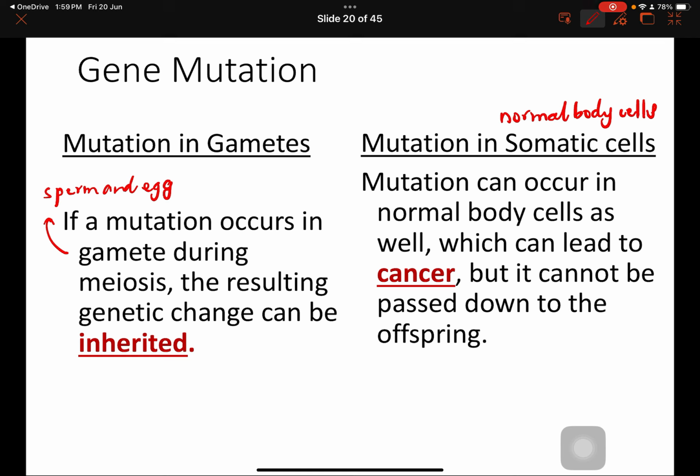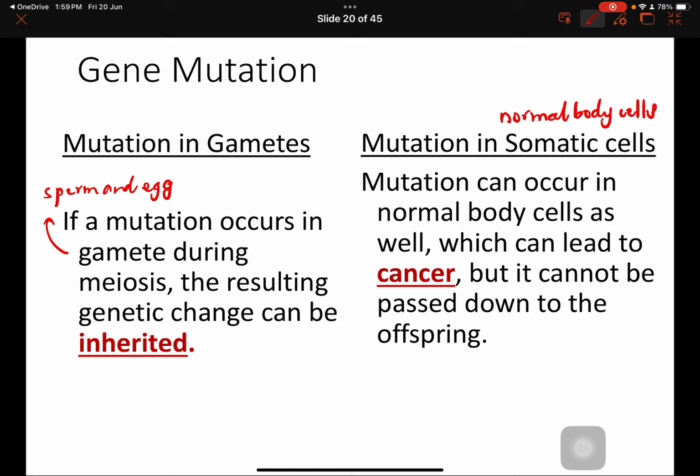I'll give an example. For a person who often exposes himself to UV without any sunscreen protection, it increases the chance of the person getting skin cancer, definitely. But it does not pass down to his offspring.